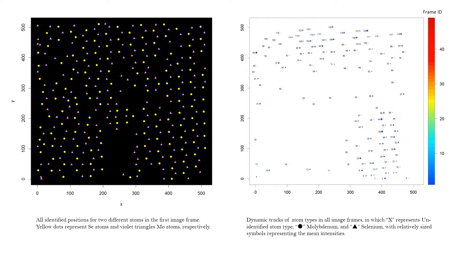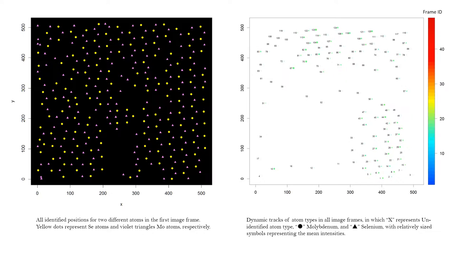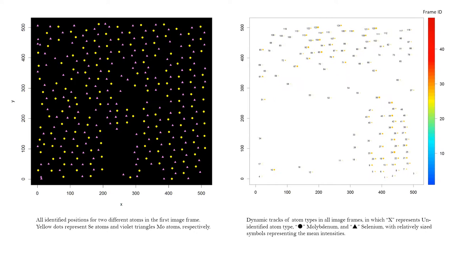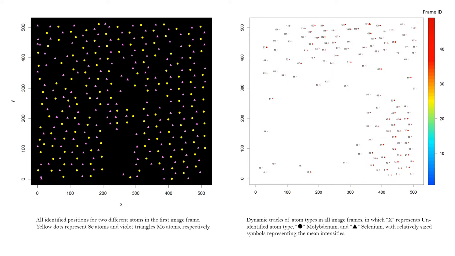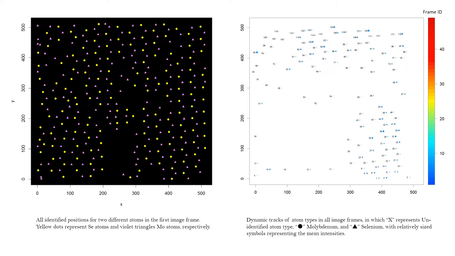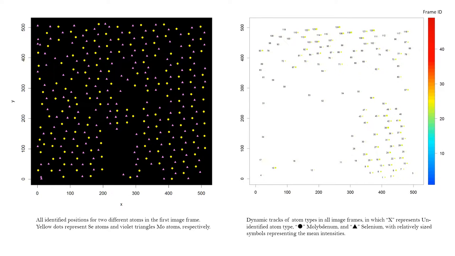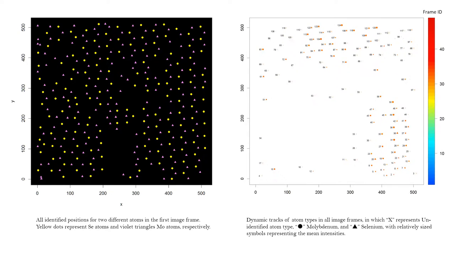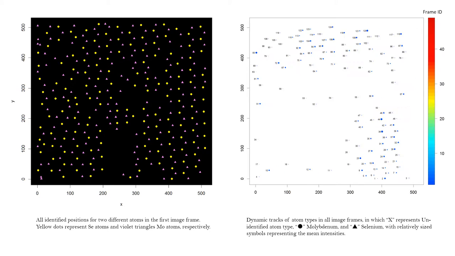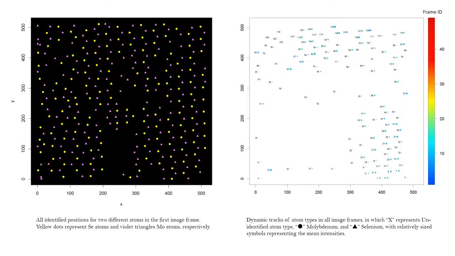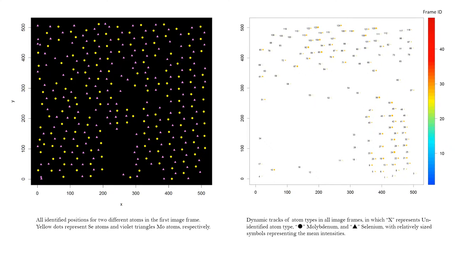molybdenum or selenium. Lacking further information, we had to rely on either their relative intensity differences or the overall lattice orientation. After calculating the nearest neighbor distances at a fixed radius, we picked atom centers which have 2, 3, or 4 neighbors and compared the intensity at the center with the average intensity of neighbors.